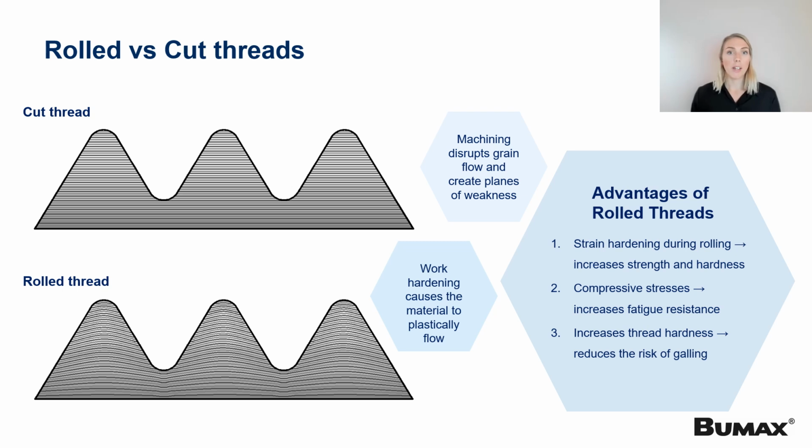This leads to many advantages, such as making the base part and the threads stronger, as well as high thread tolerances and thread surface, with a high hardness that reduces the risk of galling, which is a common challenge in many other stainless steel fasteners.